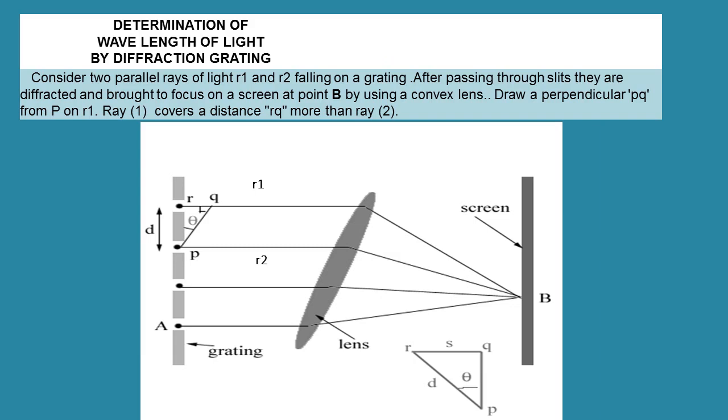Draw a perpendicular PQ from point P on ray 1. Ray 1 covers a distance RQ which is more than ray R2.